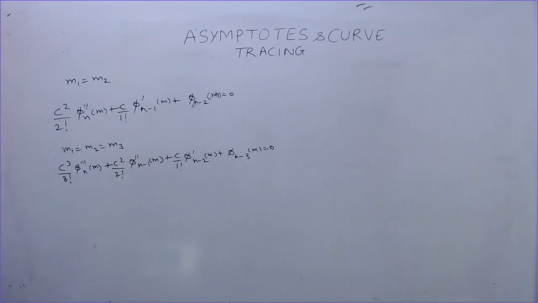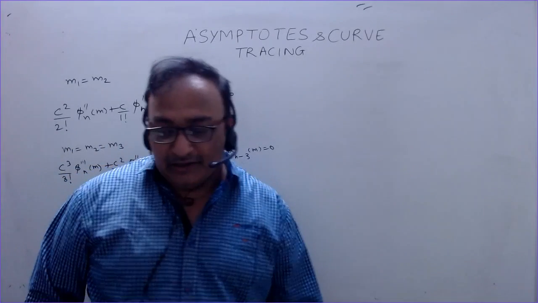Then solving any of these equations, you will find the asymptotes. So friends, this is the procedure for finding the asymptotes.